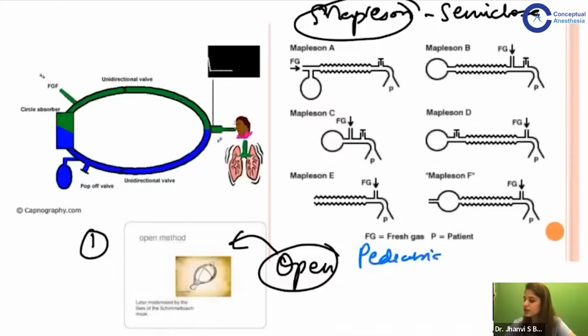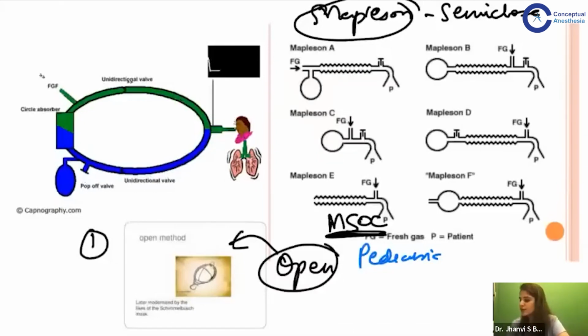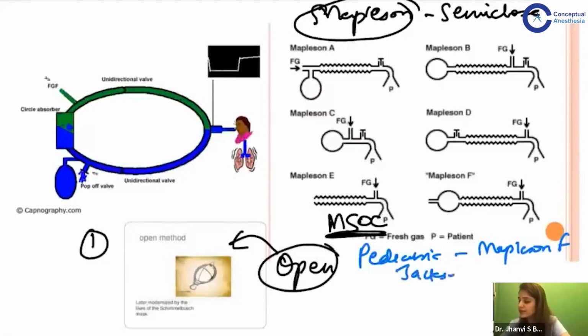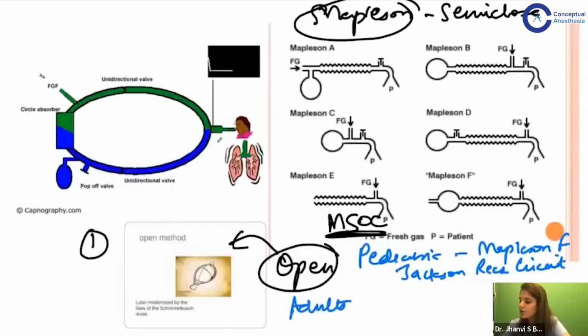Okay, I'm writing this over here. Mapleson system of choice as MSOC. Mapleson system of choice in pediatrics is Mapleson F. This can also be called the Jackson-Rees circuit. The next question they will ask is, in adults for spontaneous ventilation and in adults for controlled ventilation.